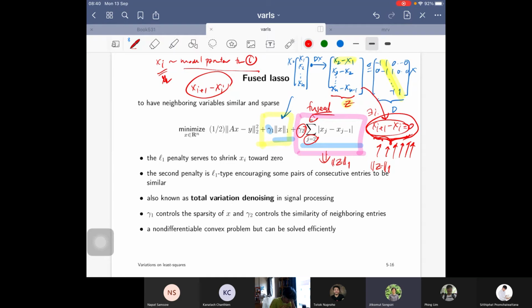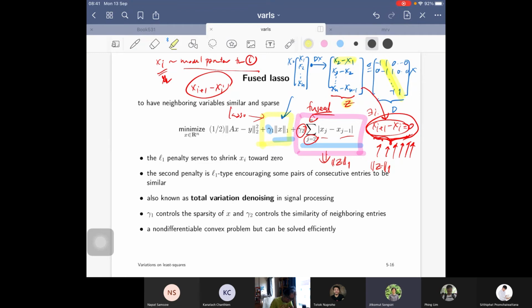The fused term means you fuse consecutive entries together, and the yellow term is the Lasso one. So the Lasso term represents the original purpose, that you want to make some entries of x to be 0. For the fused one, you want some consecutive entries of x to be equal.